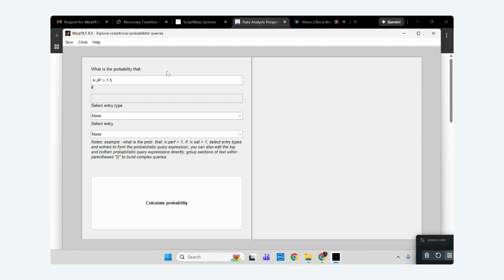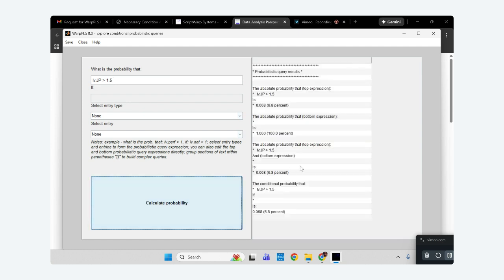That means that it will be around the top 5 to 10% of JP, assuming a normal distribution. Most variables are not normally distributed, but they are quasi-normally distributed. So if I calculate this probability, I get the probability that JP scores will be greater than 1.5, because they are standardized, will be 6.8%.